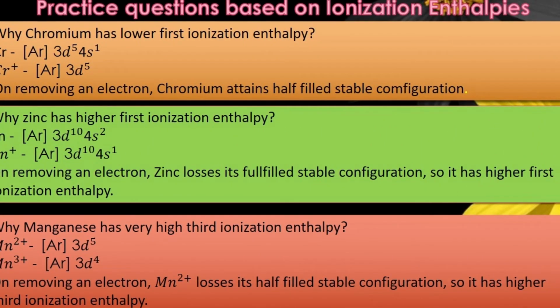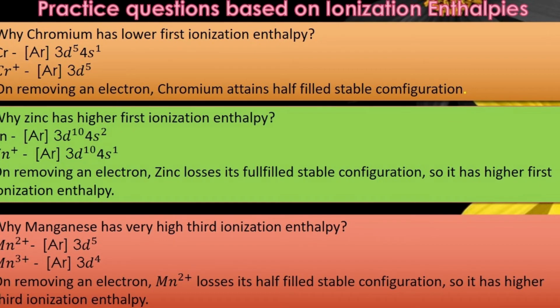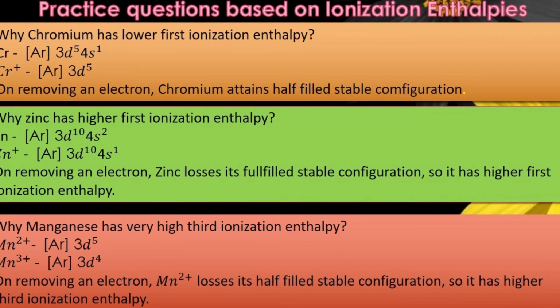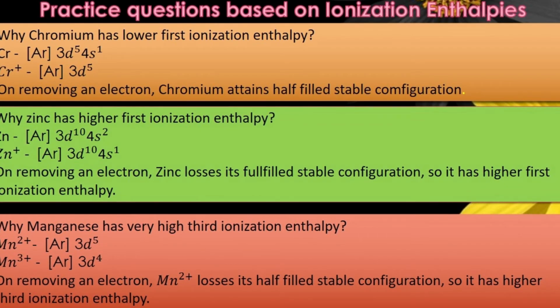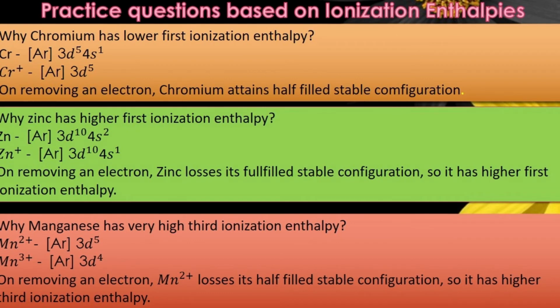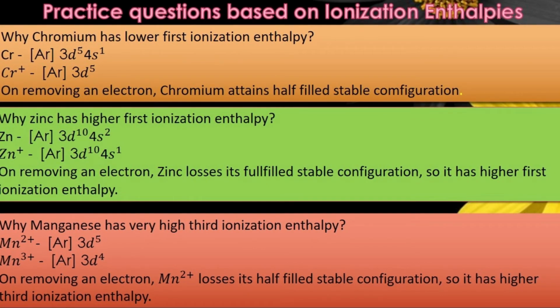Now let's see why chromium has lower first ionization enthalpy. If you consider the electronic configuration of chromium, it is argon 3d5 4s1. When chromium loses an electron to form the chromium plus ion, it gets the half-filled stable electronic configuration, that is argon 3d5.